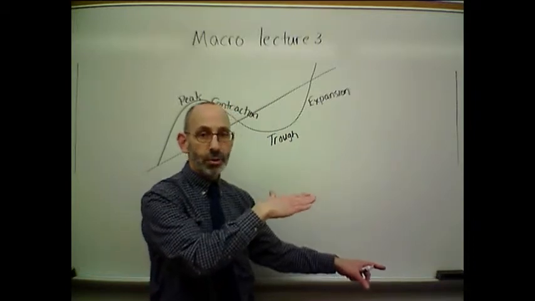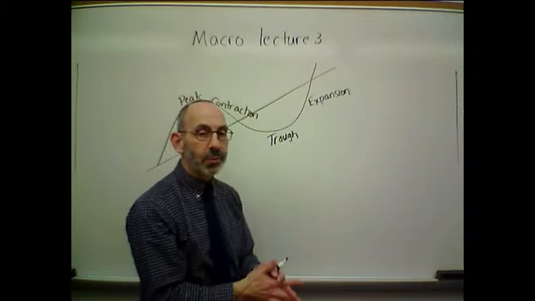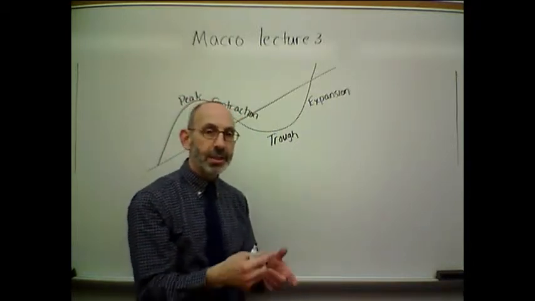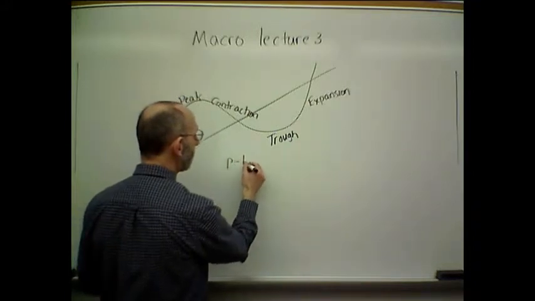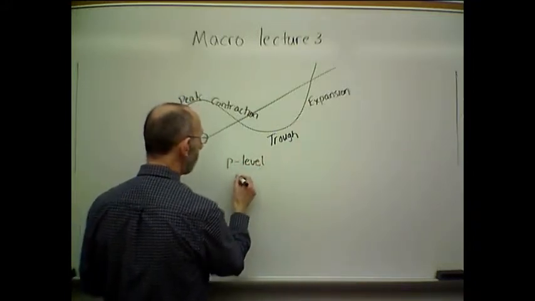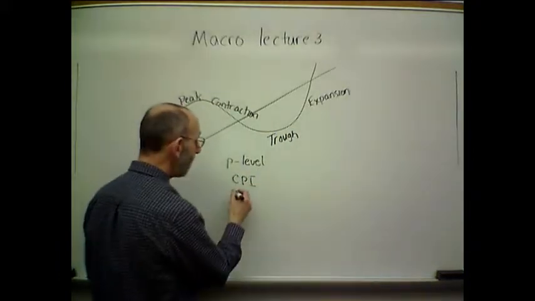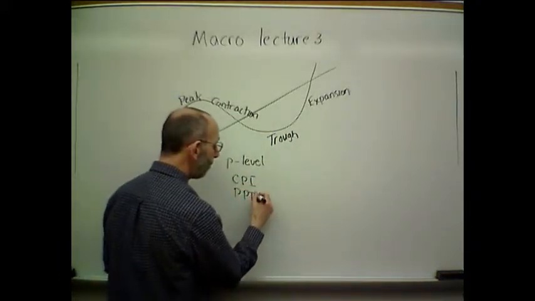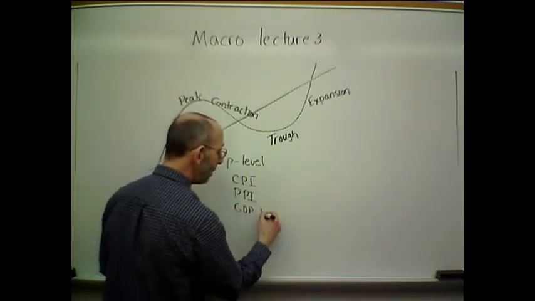Fluctuations in the price level of all goods and services are measured in a number of different ways. The principal ways that we discuss in this course are, for price level changes or inflation, CPI, Consumer Price Index, PPI, Producer Price Index, or the GDP deflator.